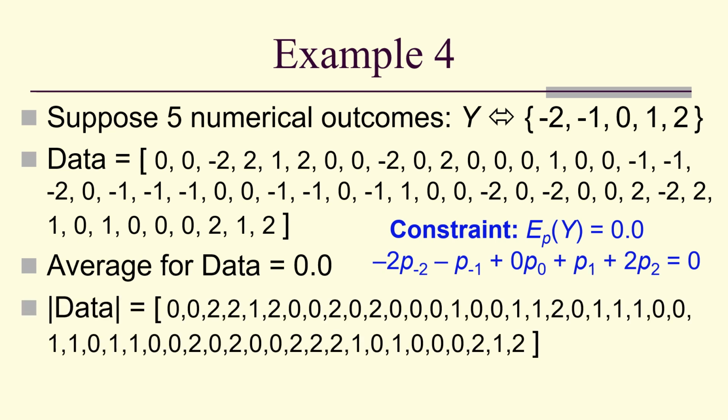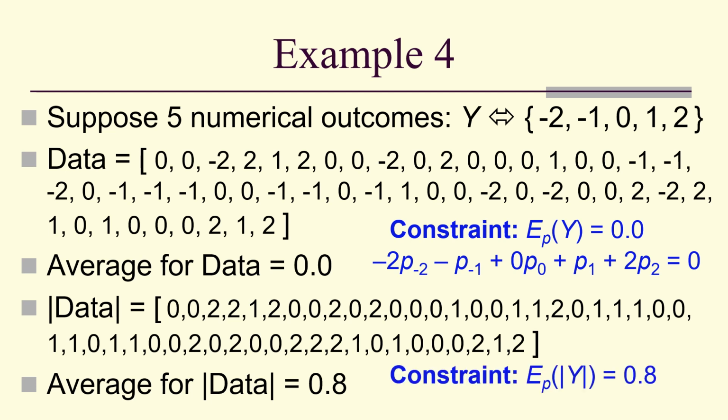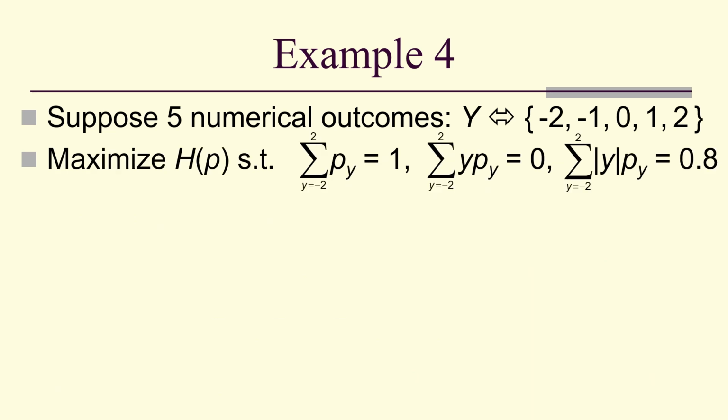The absolute value of the data is where you take the absolute value of everything in the data set, and it turns out that the average for the absolute data is 0.8. And this is another constraint, which looks like this. So now we want to maximize entropy such that the sum of the probabilities is 1, the expected value is 0, and the expected absolute value is 0.8.